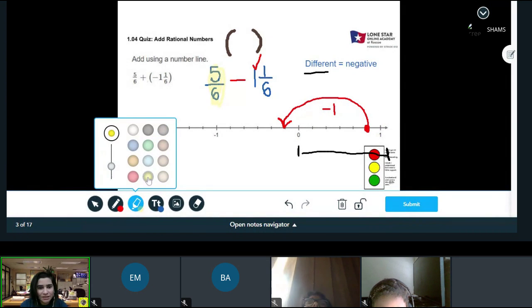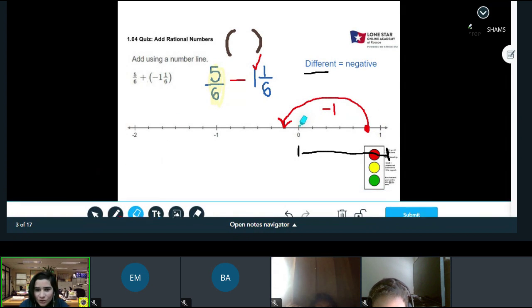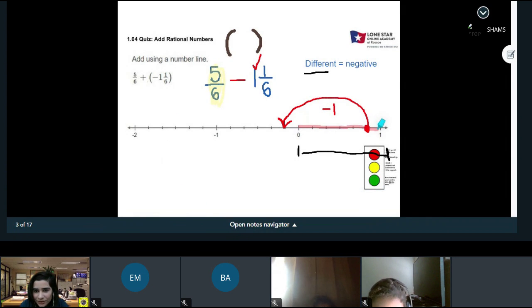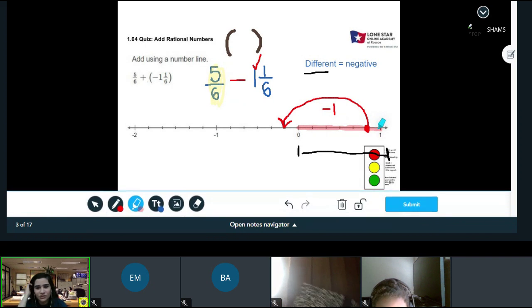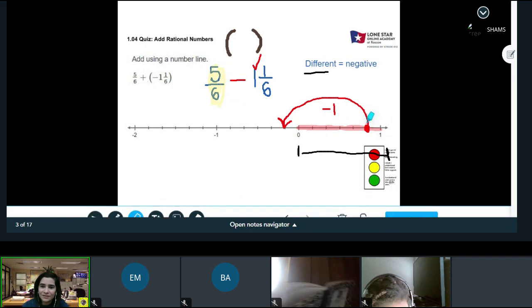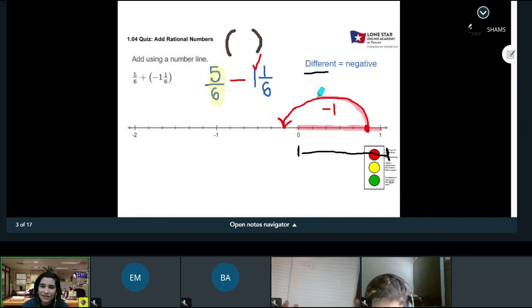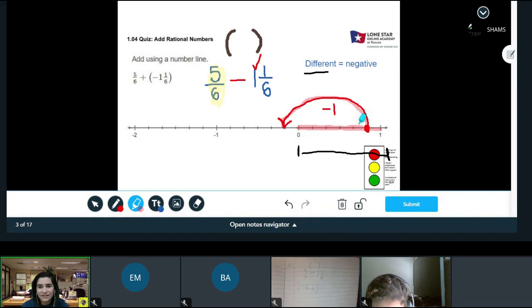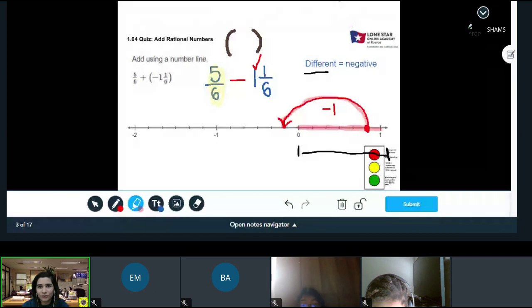I know because if I count between 0 and 1, if I want to jump 1, I'm going to go 6 jumps, right? So from my point, I went back 6 and I knew I have subtracted 1, because 1 is made up of 6 of these smaller parts.